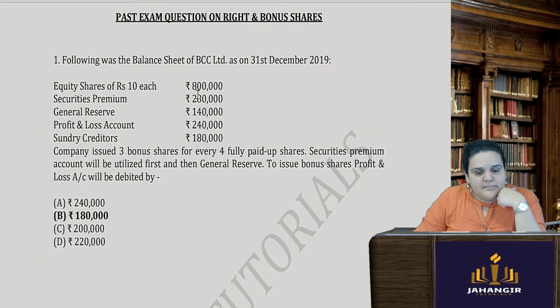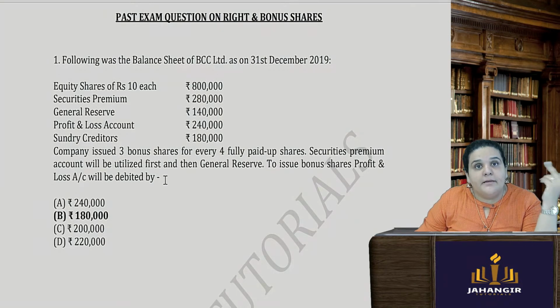Equity shares of rupees 10 each, 8 lakh, securities premium, general reserve, profit and loss, sundry creditors. The company issued 3 bonus shares for every 4 fully paid up shares. Securities premium account has to be utilized first and then the general reserve. To issue bonus shares, profit and loss account will be debited by how much?